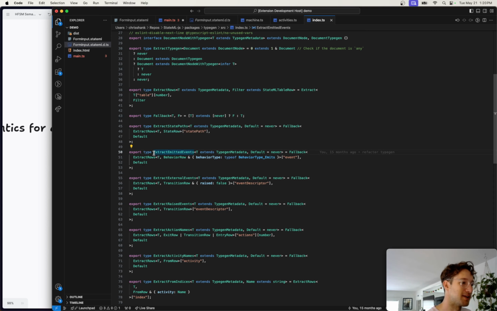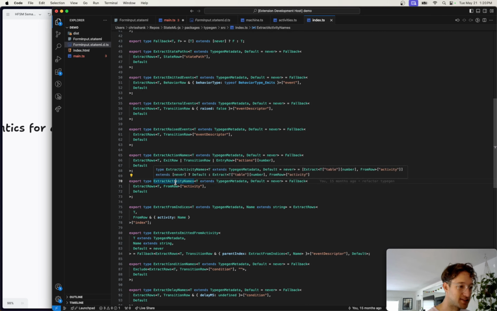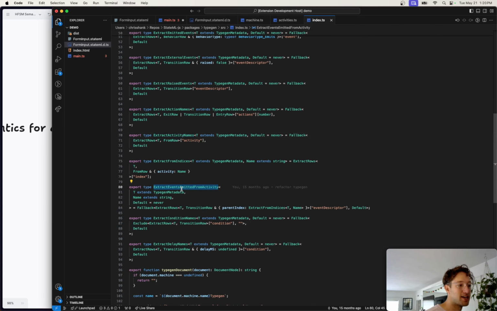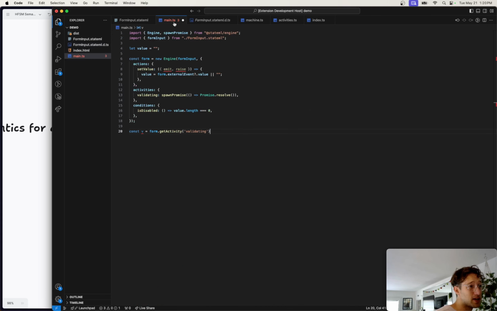Same thing for any events that the state chart emits, any external events, any raised events, any action names, activity names. So we can grab all these things from this representation. We can even do cool things like get all the events emitted from an activity, which is pretty cool. And in the future, we can probably do things like figure out in TypeScript what events does this action see, right? We can do things like that as well, which is pretty cool.